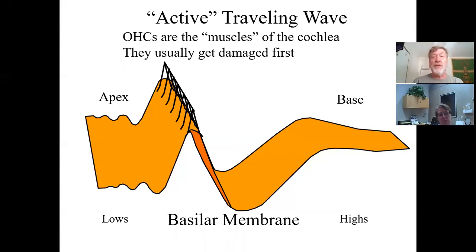We only discovered this some 20 to 30 years ago. The year was 1990, and that's when we began to distinguish the differences between outer and inner hair cells, what they do, and what the differences are.